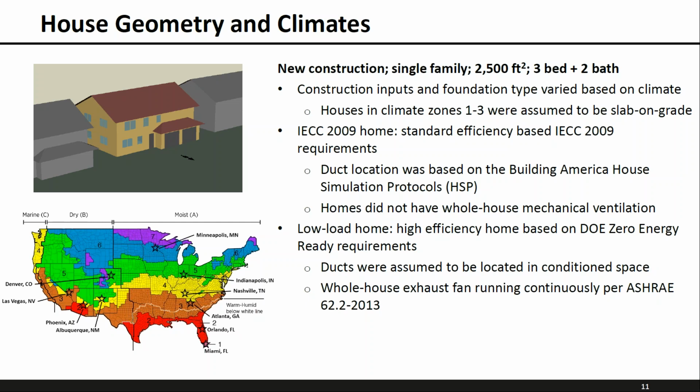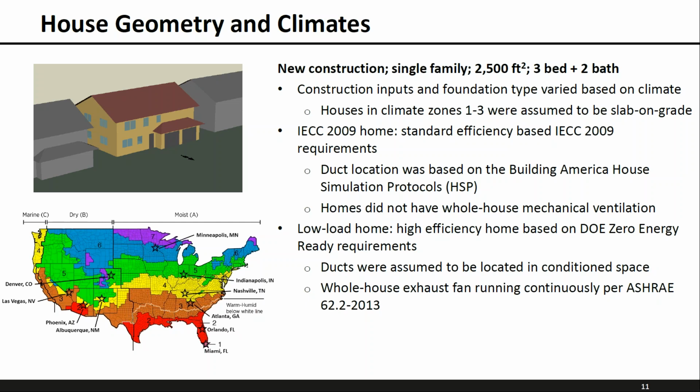One, the Zero Energy Ready home had ducts located in conditioned space, whereas the IECC home had ducts located in various zones depending on the Building America house simulation protocols with the house foundation type. And the other was the IECC 2009 home did not have whole house mechanical ventilation, whereas the low load home was ventilated to ASHRAE 62.2 2013 requirements.